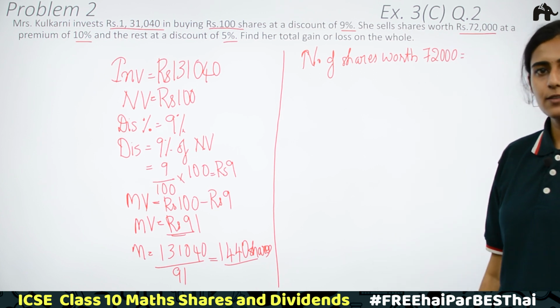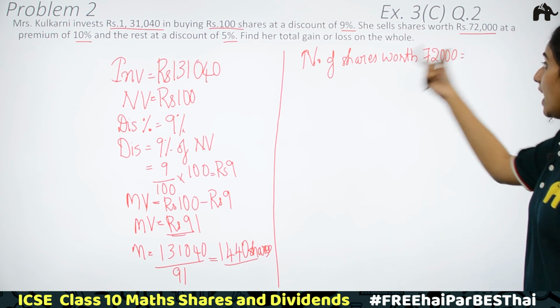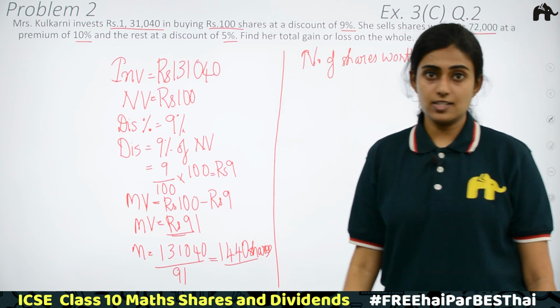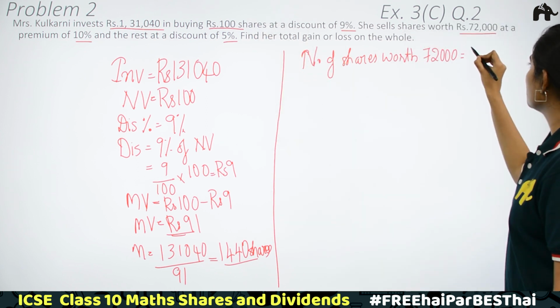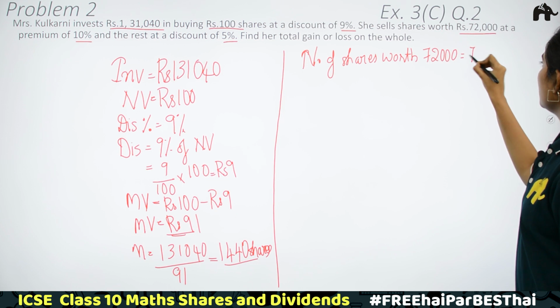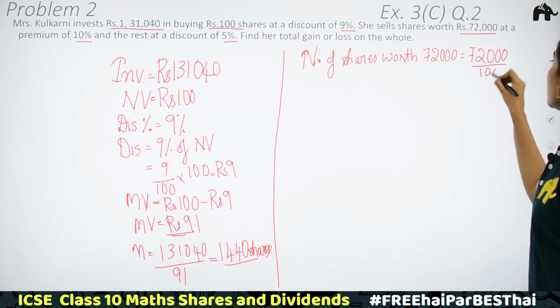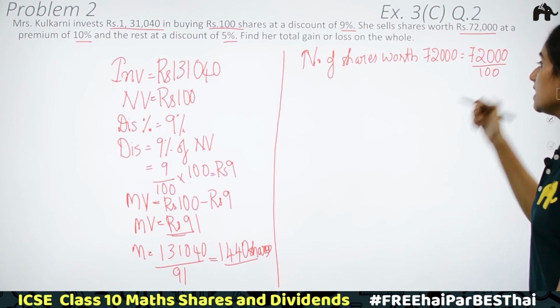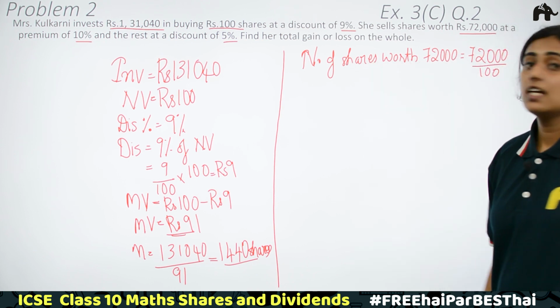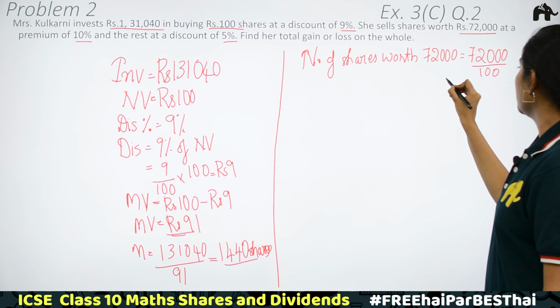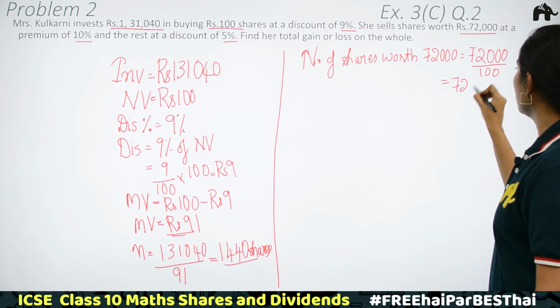How do you get this? We have the nominal value, that is 100. We just need to divide this 72,000 by 100, that is the nominal value, to get number of shares worth 72,000. You will be getting 720 shares.